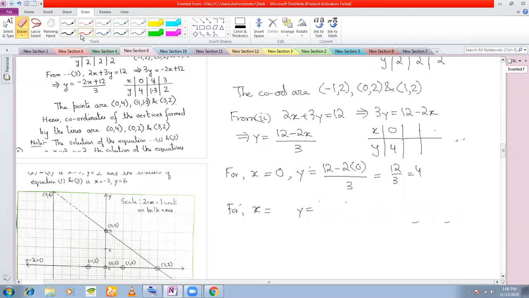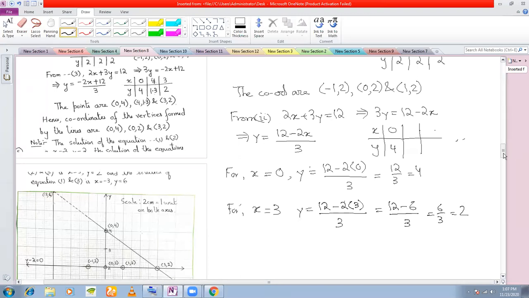Let us try x = 2. So 12 minus 4, 8/3. Again fractional, so we reject 2 also. Try x = 3, or you can try -3 first also, no problem. So you get 6/3, you get 2. That is quite acceptable.